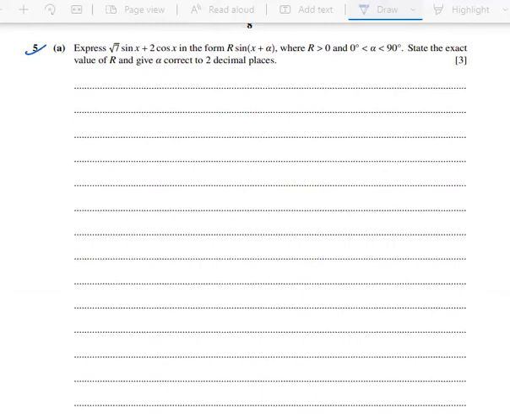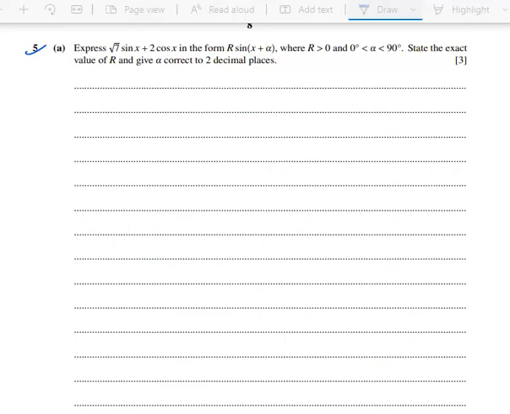Question 5 says express root 7 sine x plus 2 cos x in the form r sine of x plus alpha, where r is greater than 0 and alpha lies between 0 and 90 degrees, not inclusive. State the exact value of r and give alpha correct to 2 decimal places.